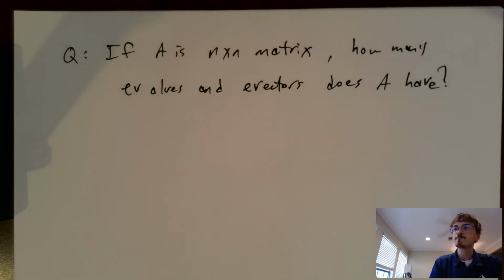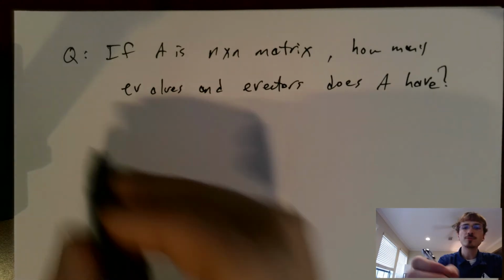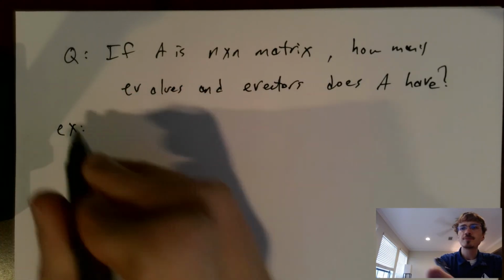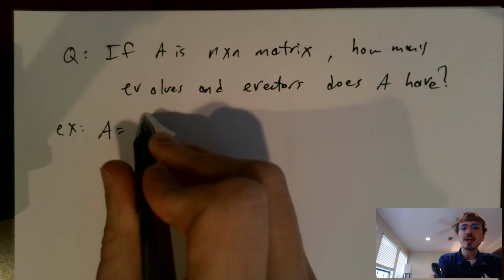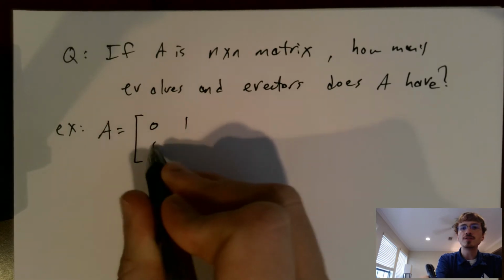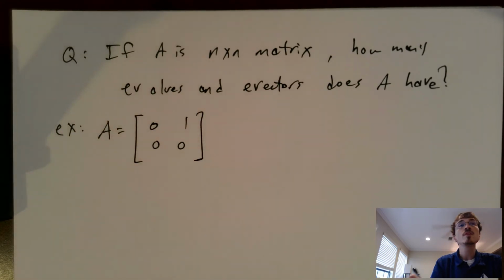Yeah? How many does it have? Well, let's do this by example. Let's let A be equal to 0, 1, 0, 0. Find the eigenvalues of this matrix. Pause the video, try it yourself.